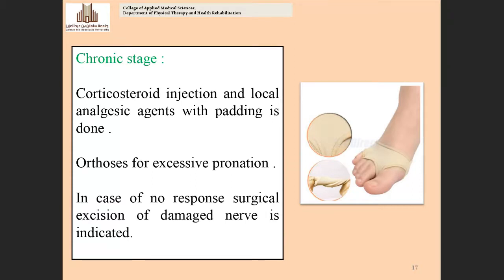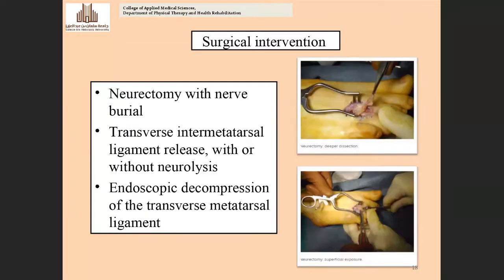If the patient is not responding positively to your treatment, finally the person may be indicated for surgery. In case of no response, the surgical excision of the damaged nerve is the final treatment.